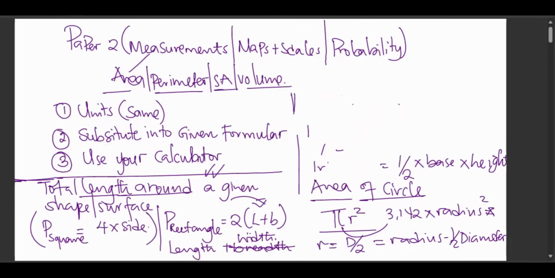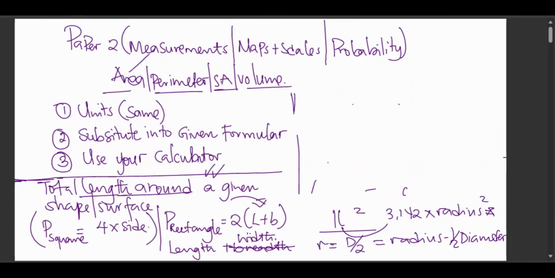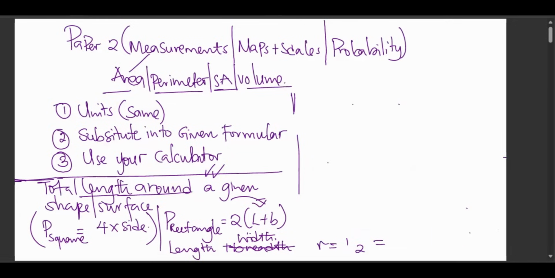For a circle, its perimeter is called the circumference. If you cover a distance around a round or circular shape, we call it the circumference. This takes us back to your Wi-Fi or Bluetooth, which we believe work in circles. That's why we ask, what's the radius? How much does it cover?